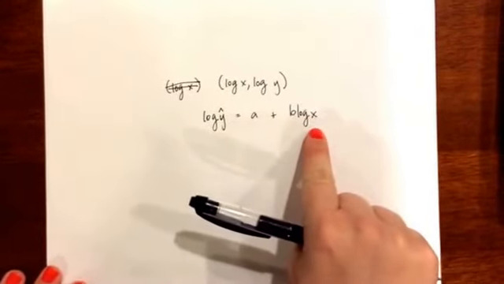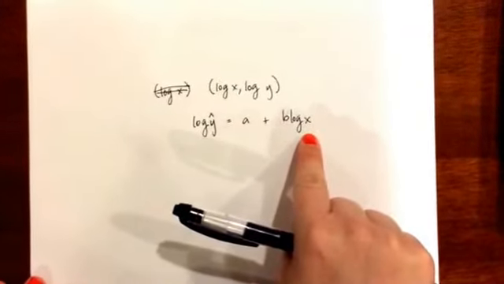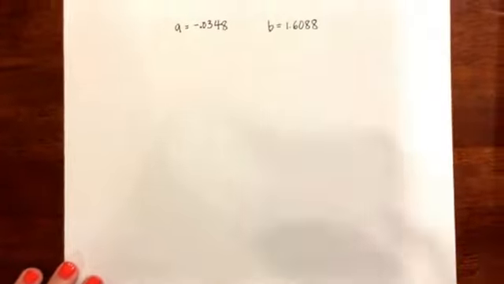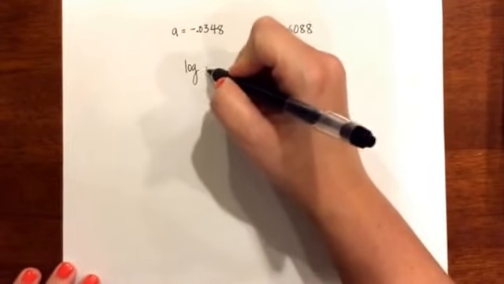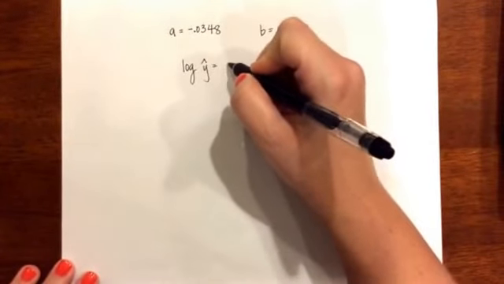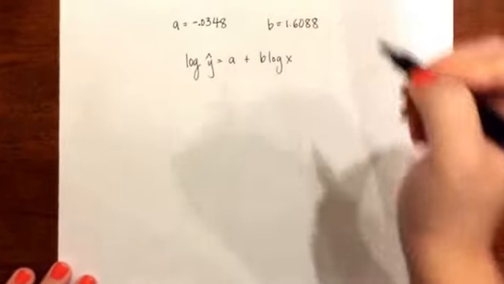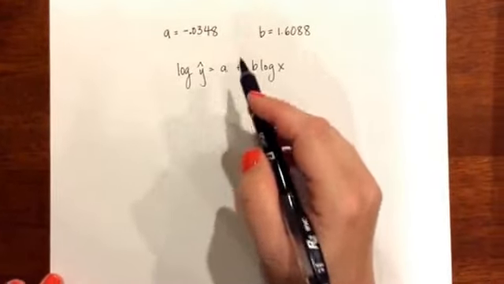So we're going to solve this equation. So we're going to use the a and the b we got from our calculator to solve that equation. So let me rewrite it. Log of y hat equals a plus b log of x. So let's plug in our slope and our intercept.